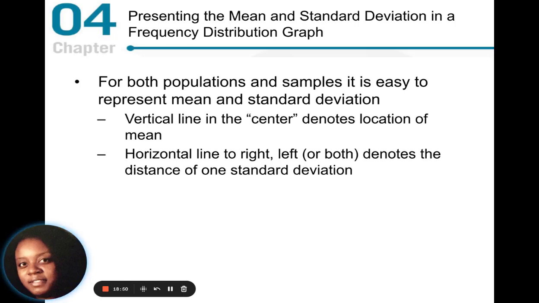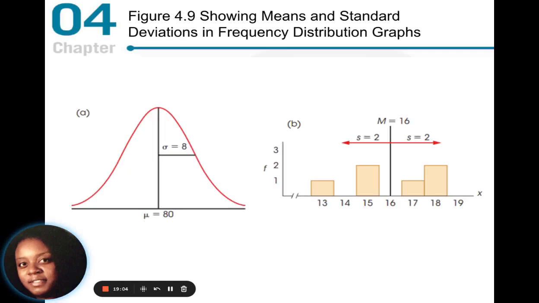A vertical line in the center usually denotes the location of the mean, and a horizontal line to the right or left is going to denote the distance of one standard deviation. So here we can see that figure 4.9 shows the means and standard deviations in frequency distribution graphs.